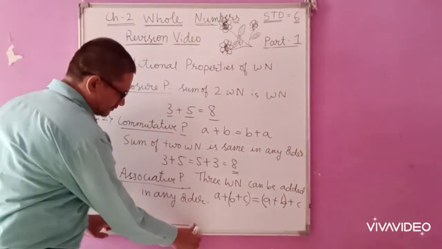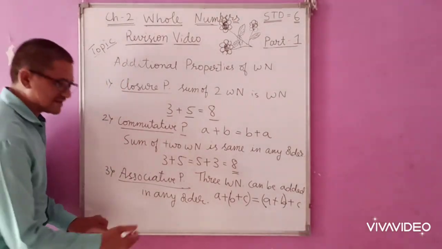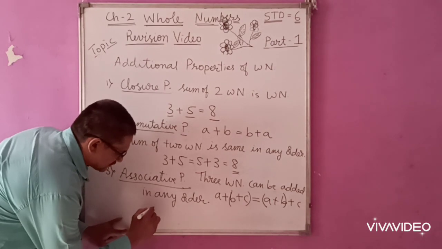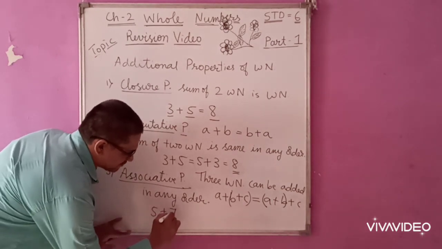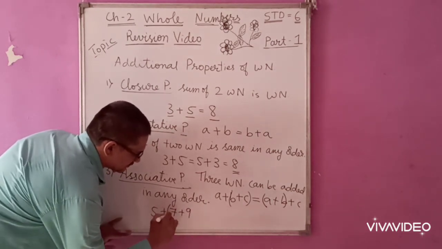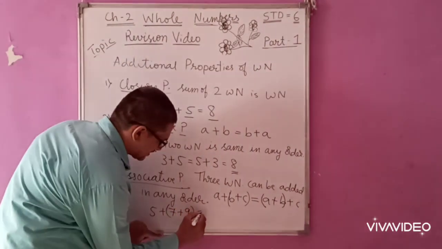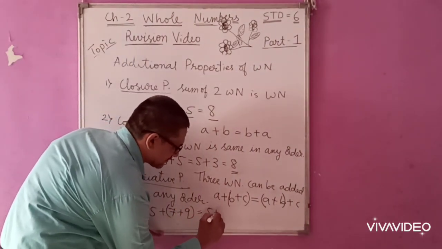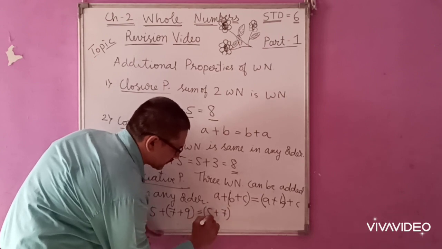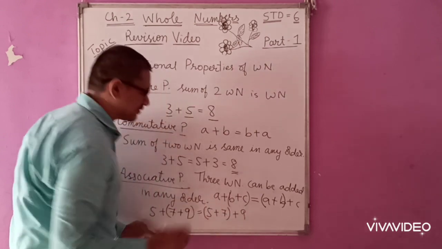Here if I give an example, 5 plus 7 plus 9. First, bracket for the 7 plus 9. Then if I change, bracket for 5 plus 7, plus 9.